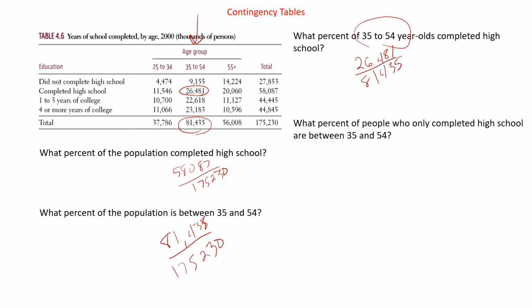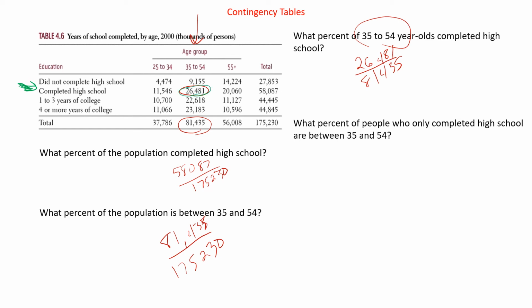The next one, what percentage of people who only completed high school are between 35 and 54? So now, I'll just switch up colors here. Now we're just looking at the people that completed high school. We're not concerned about the people with college education or the people without that high school diploma. This is our whole population.